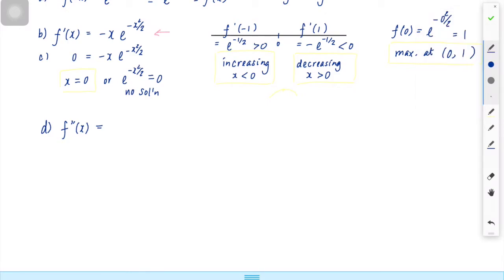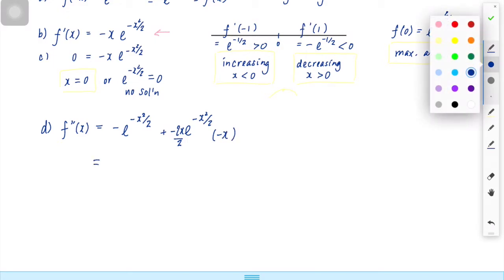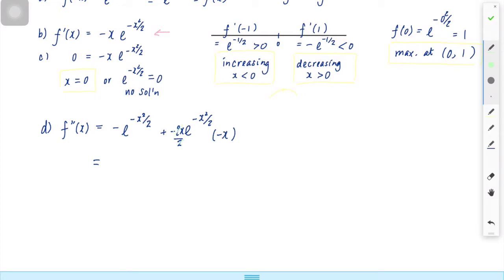Negative x turns into negative 1, e to the power of negative x squared over 2, plus, then I have to take the derivative of e to the power of negative x squared over 2, which is e to the power of negative x squared over 2 times negative 2x over 2 multiplied by negative x. Sorry, it's a little messy. Let's reduce. Okay, all of those are gone.